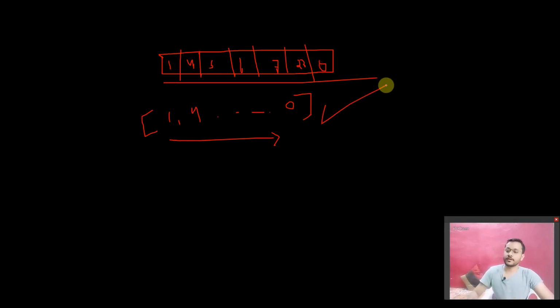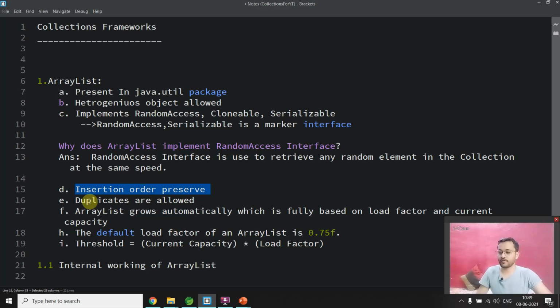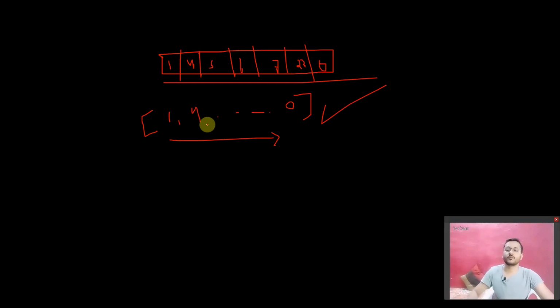And the second thing, duplicates allowed. What is the meaning of duplicates allowed? We are storing data of integer type, wrapper class data; you can give the integer value directly and it will internally convert it to the wrapper class.